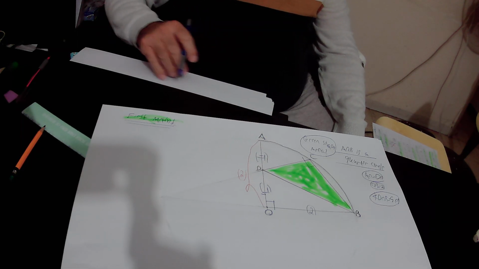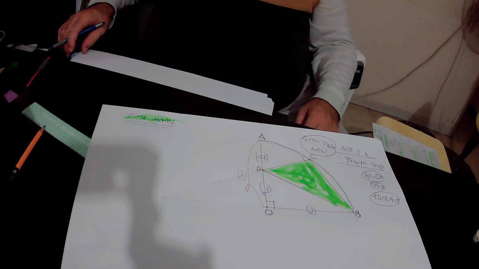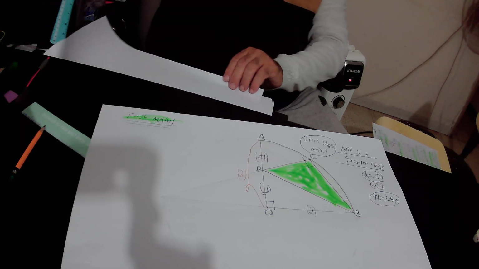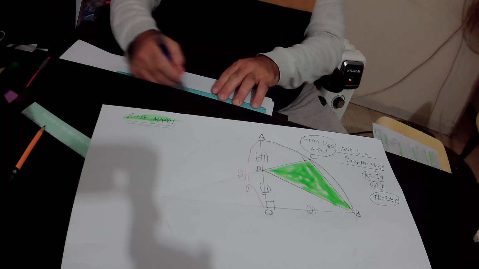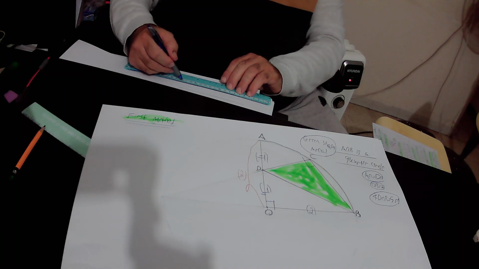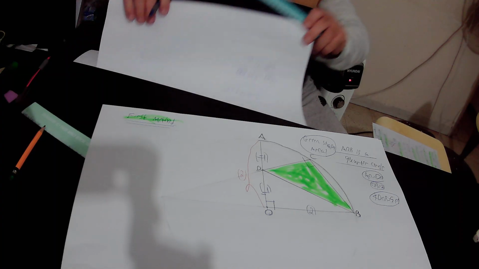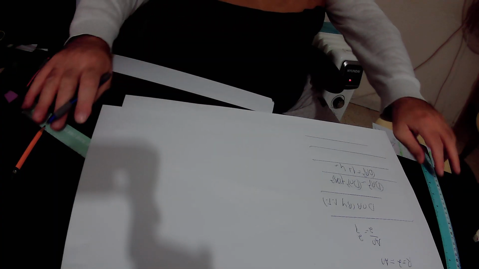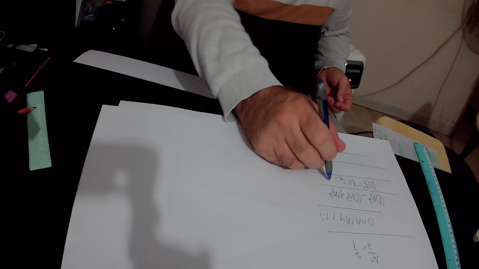So DB squared equals 1 plus 4, that is 5.